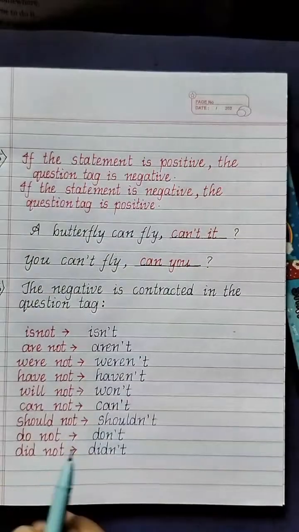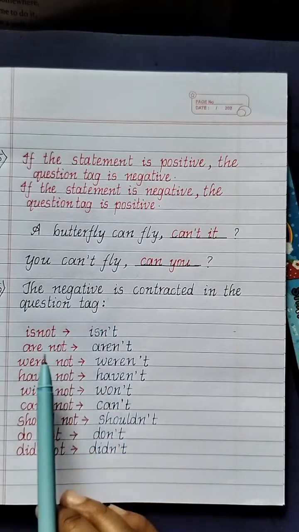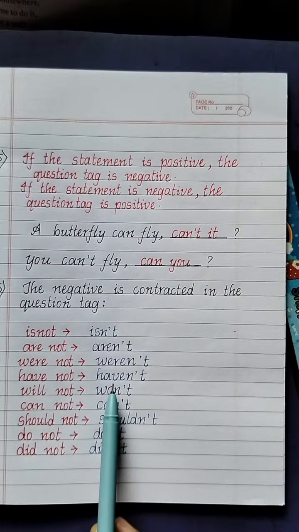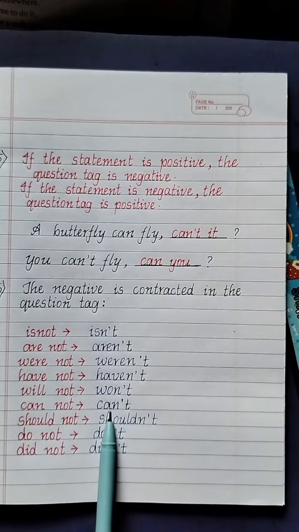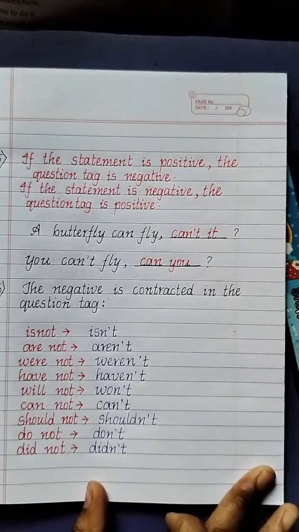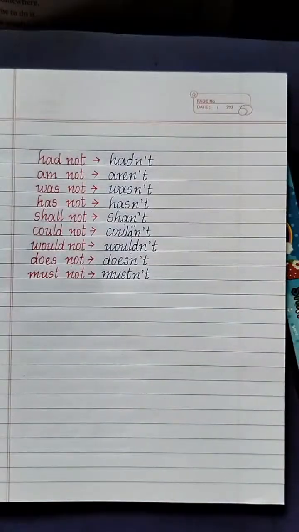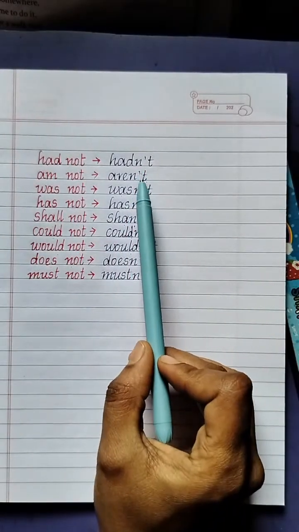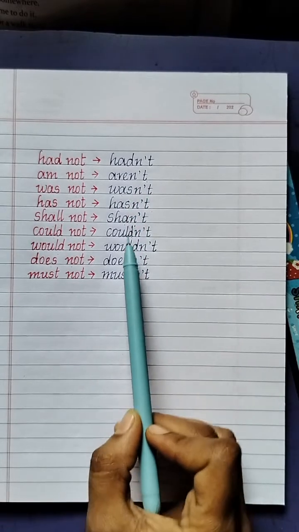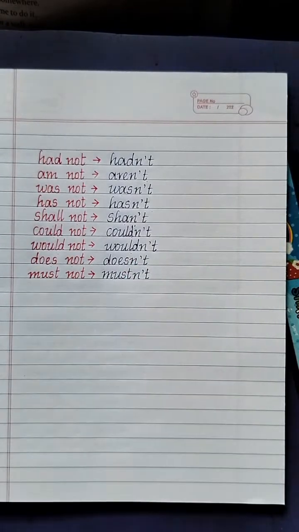And the other short forms are here. Let's start from the beginning. The negative forms are here: isn't, aren't, weren't, haven't, won't, can't, shouldn't, don't, didn't. Hadn't, aren't, wasn't, hasn't, shan't, couldn't, wouldn't, doesn't, mustn't.